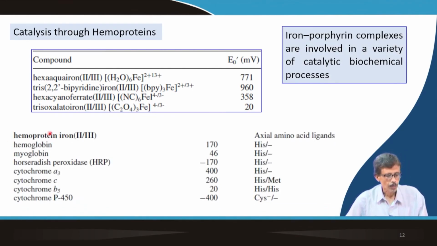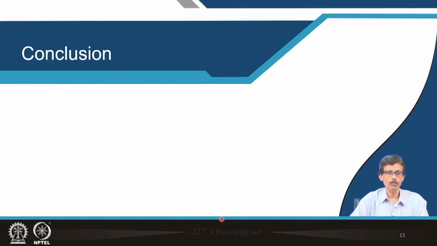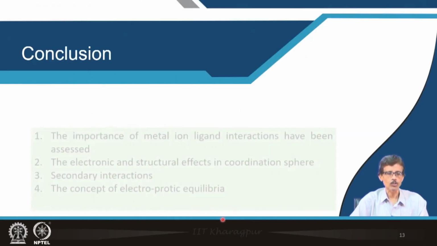A large number of biochemical reactions we can have, from hemoglobin to cytochrome P450, and we will see all these one after another in terms of their corresponding E0 values and the coordination environment. If you change the coordination environment, we will definitely see a change in the corresponding electron transfer values or redox potential values.